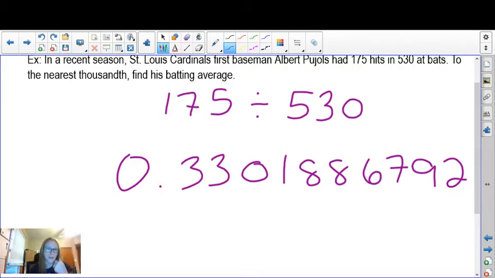And it's asked to find the nearest thousandth. So this is my tens, my hundreds, my thousands. So you look to the number to the right of it, and you say, is this bigger or smaller than the number 5?